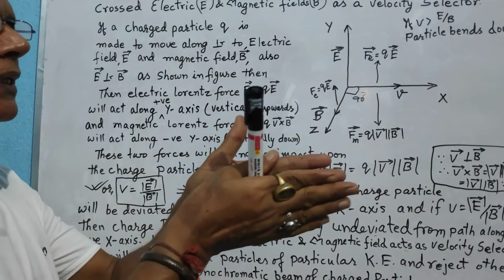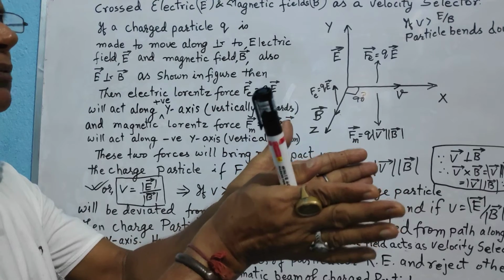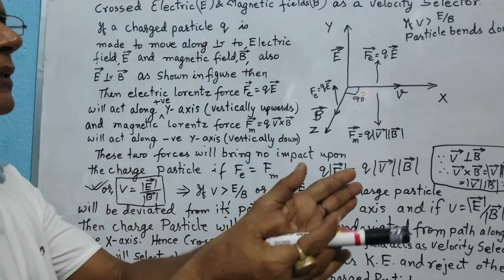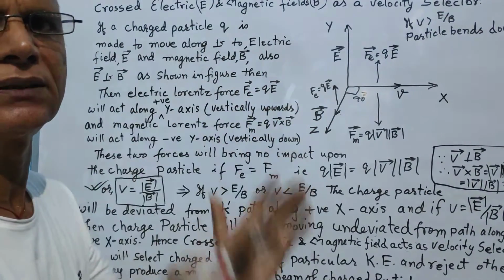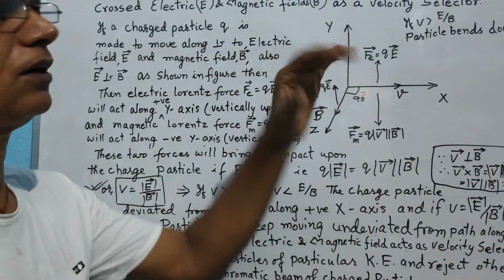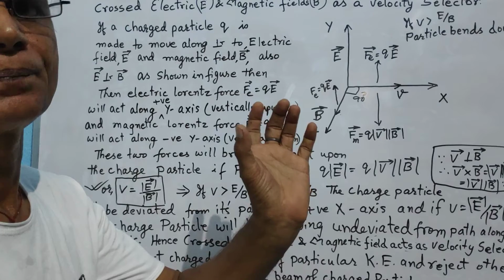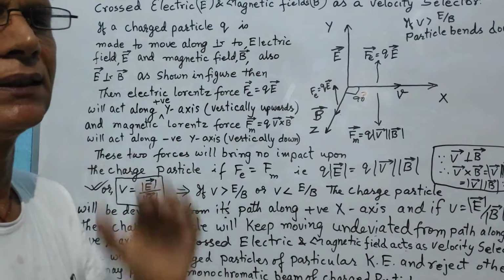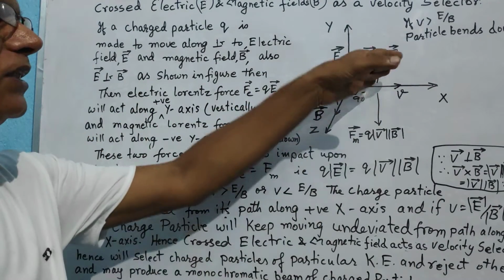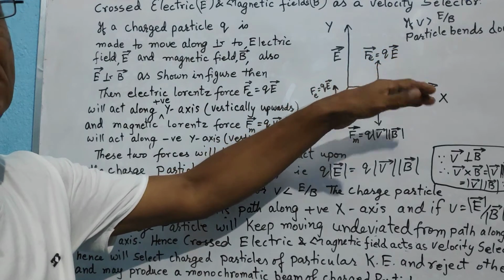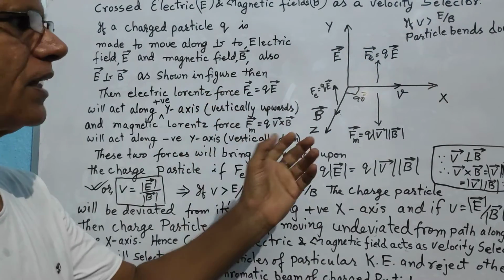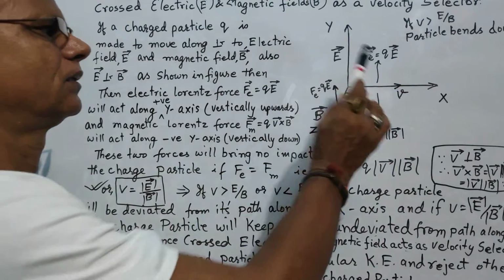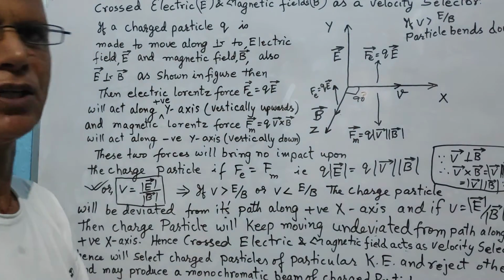The charged particles are forced to deviate from the original path, and when they deviate, we keep absorbing walls around the beam of the moving charged particles. These walls absorb those stray charged particles which are bending from their path, and so we are left with only charged particles having a particular velocity.